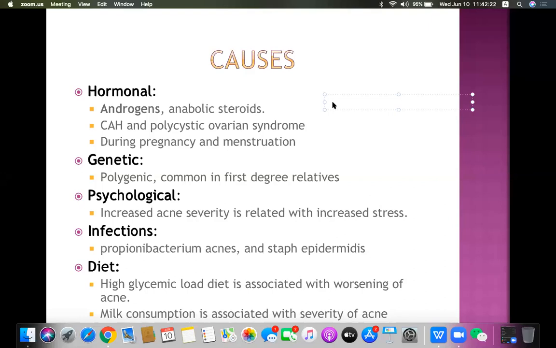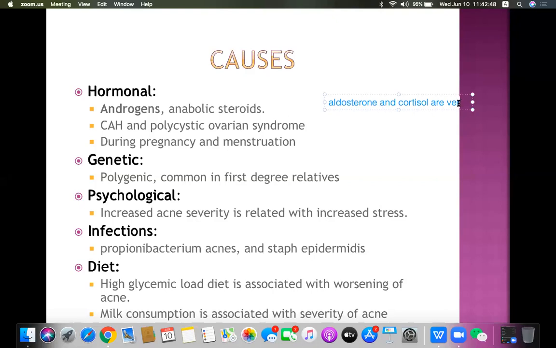Because of this enzyme deficiency, aldosterone as well as cortisol cannot be synthesized. Aldosterone and cortisol are very decreased.